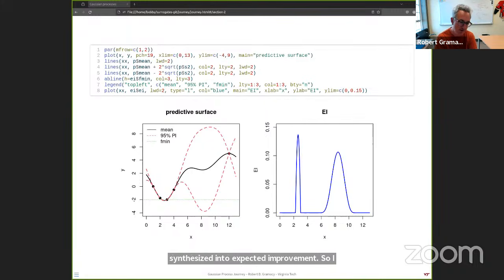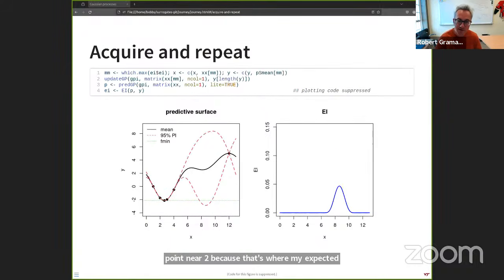So I have high expected improvement near x equals 2, because that's where I predict that my function minimum is. And I have high expected improvement near x equals 8, because that's where my uncertainty is high. And if I were to use this criteria to select a point to evaluate next, I'd probably pick a point near 2, because that's where my expected improvement is maximized.